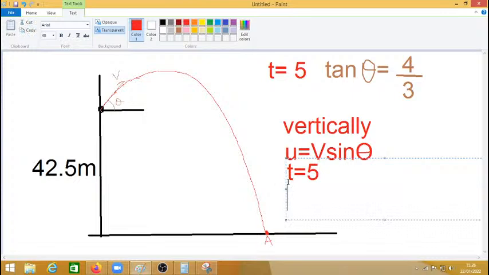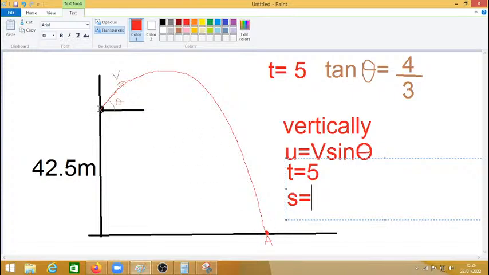What about the distance? Remember, distance is just a loose word, but the proper word is displacement. Displacement means from the starting position to the end position. How much has the thing moved from the start position to the end position, overall?